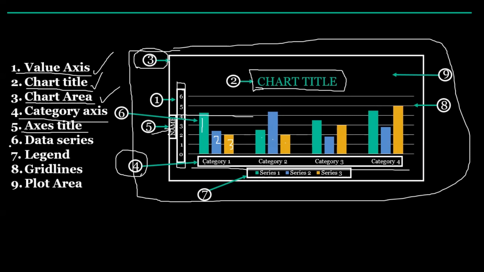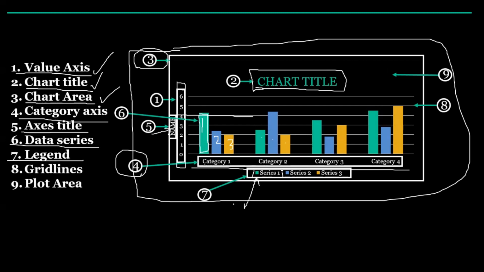And number 6, we have the chart series. It is related to the data series. These columns over here are data series. And on the 7th number, we have a legend. This is basically known as a legend.